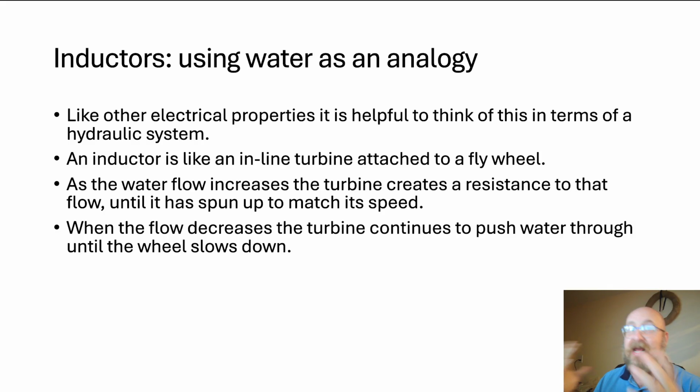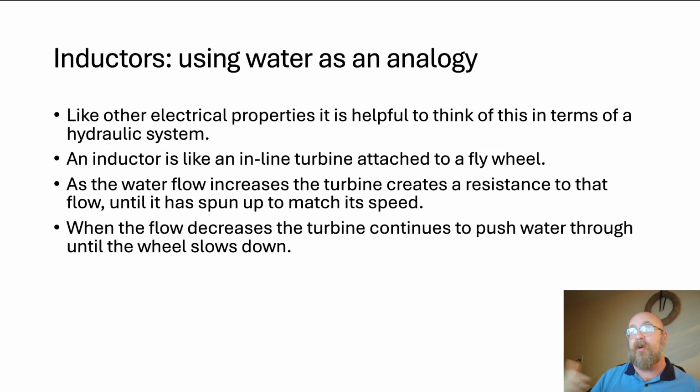A flywheel is just a heavy mass. If you've worked with lawnmowers or old-timey engines that had flywheels, it's a mass that's just maintaining inertia to keep something spinning. So if we have an inline turbine or even a water wheel, essentially that flywheel is just maintaining it if all of a sudden our flow from the water stops.